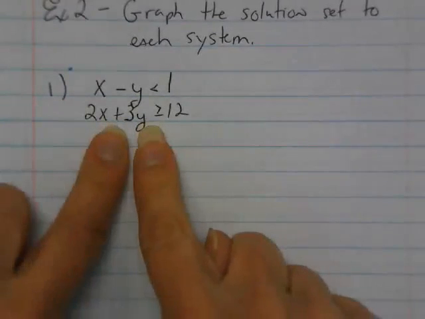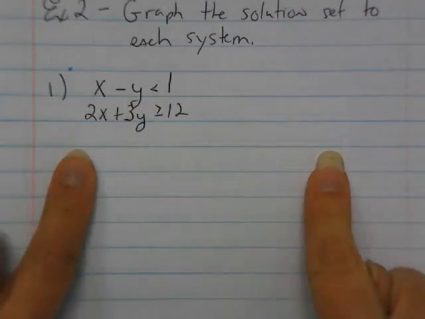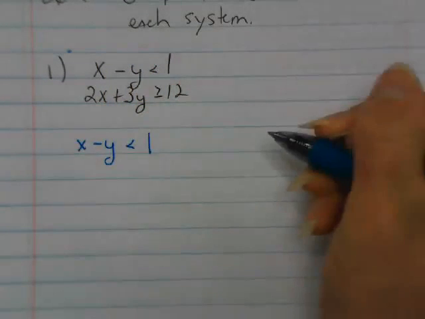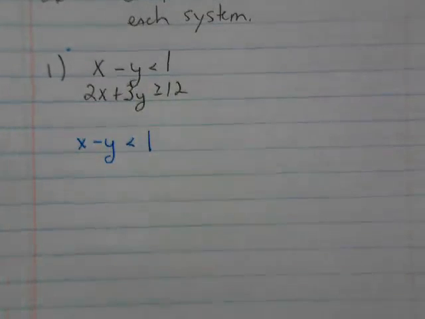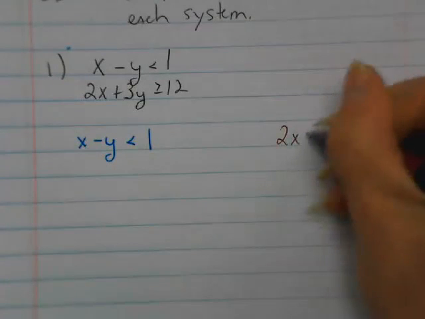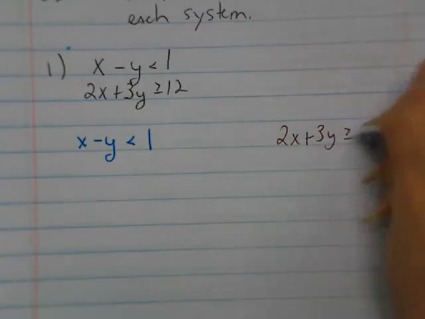So what we're going to do is let's go ahead and separate these, get them both as y equals, and then we're going to graph each one. So I have x minus y is less than 1, and then I have 2x plus 3y is greater than or equal to 12.